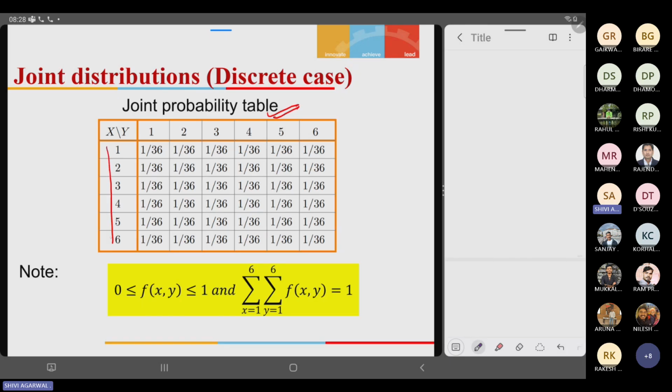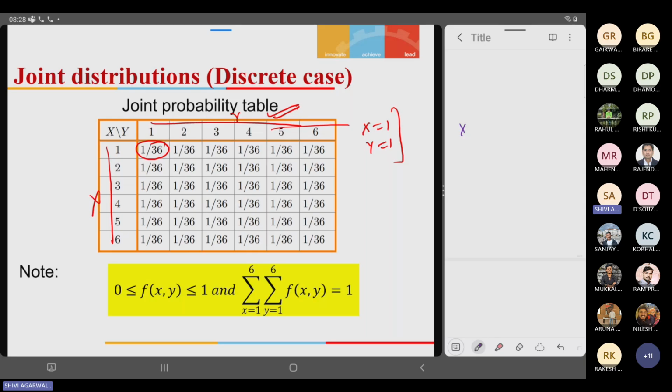These are the values of x, these are the values of y. So x is equal to 1, 2, 3, 4, 5, 6. When x is equal to 1 and y is equal to 1, then the joint density function is 1 by 36.